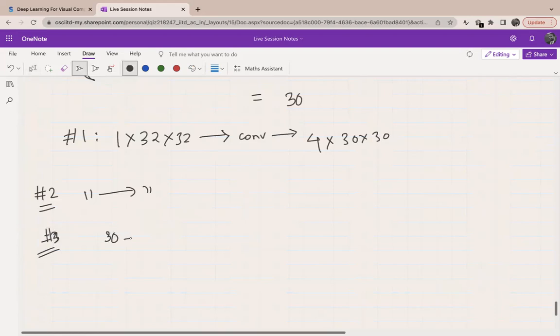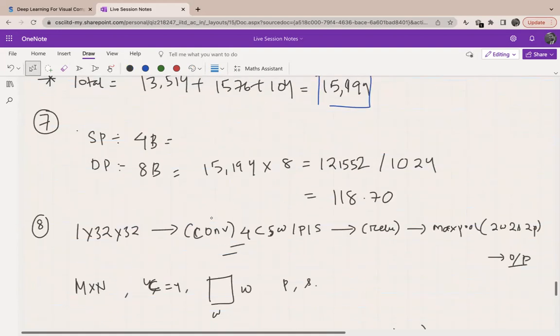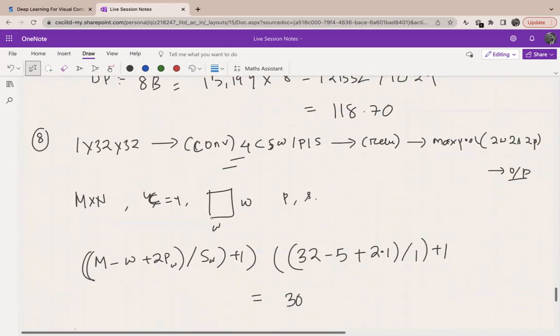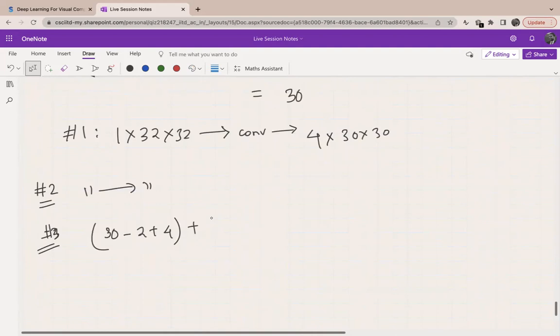So 30 minus W, W is 2, plus 2P, P is 2, so 4, by S. Max pool of 2W, 2 stride, 2 padding, so stride is also 2, plus 1.